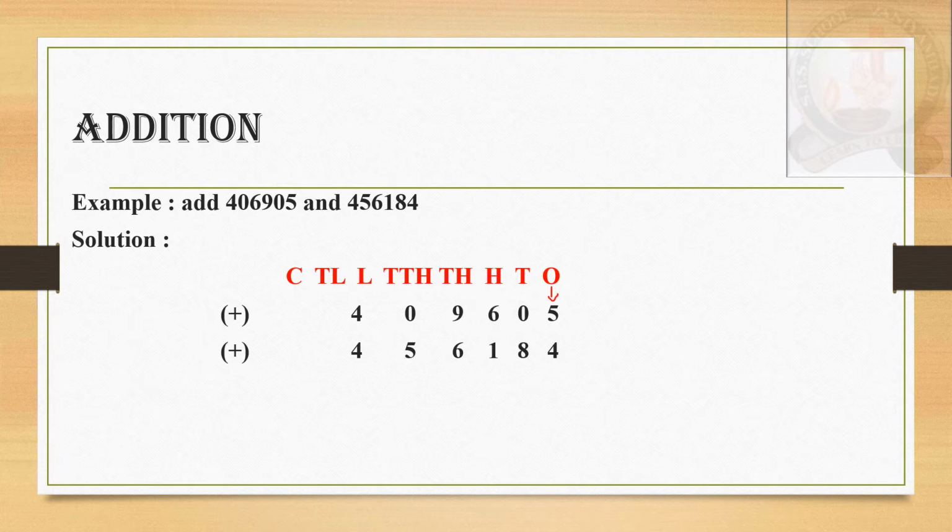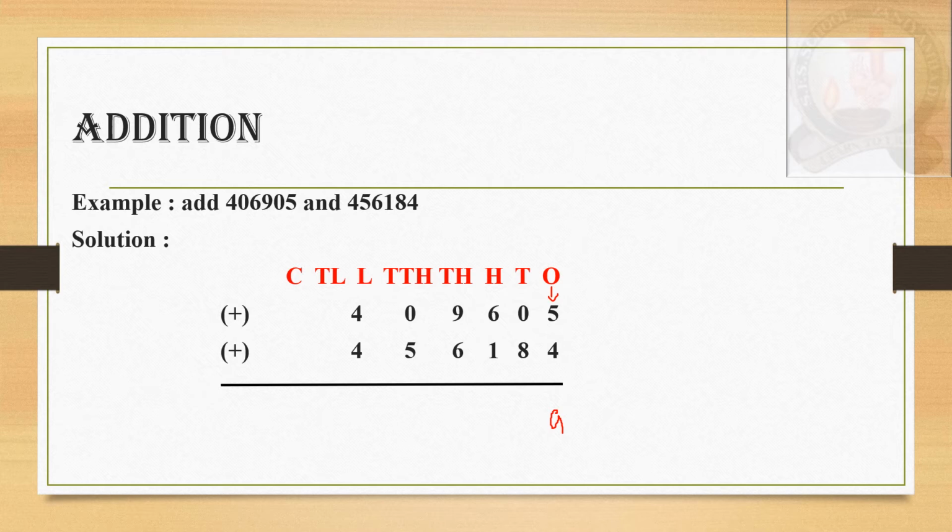First the ones digits, which are 5 and 4. 5 plus 4 is 9. It doesn't carry any number, so it should be written as it is.